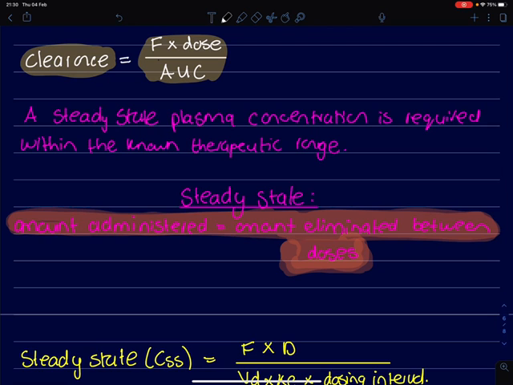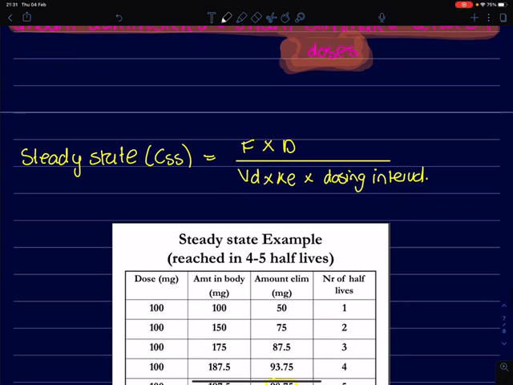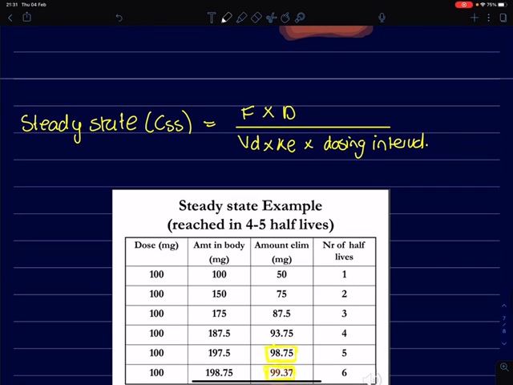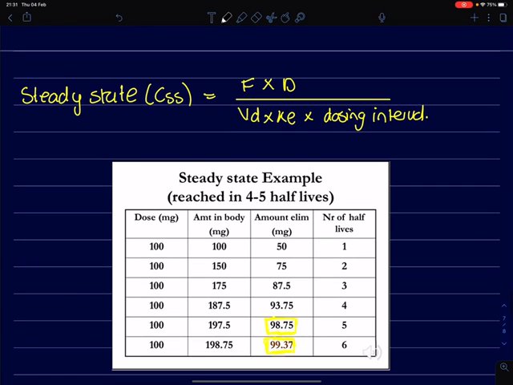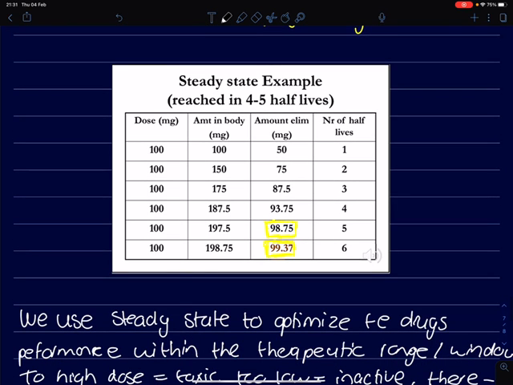That is steady state. Let's do an example here as well.